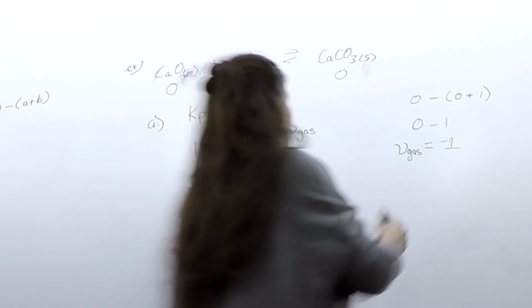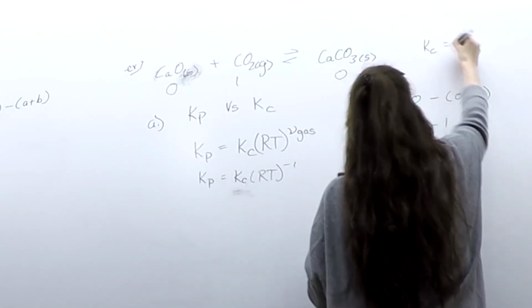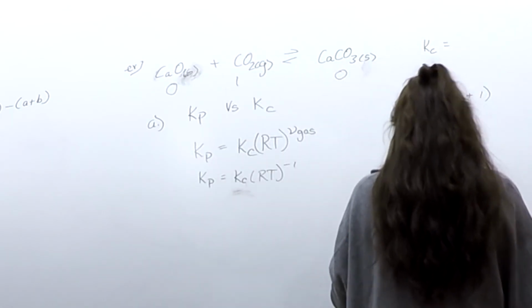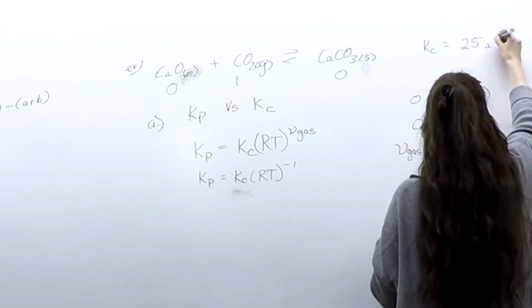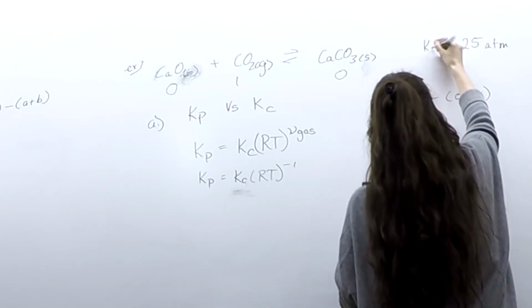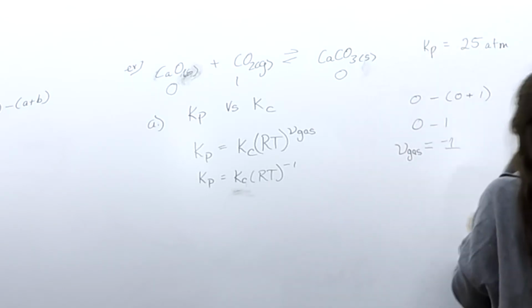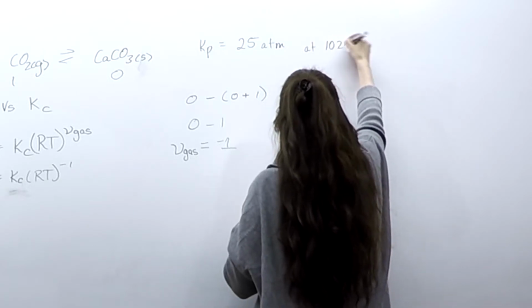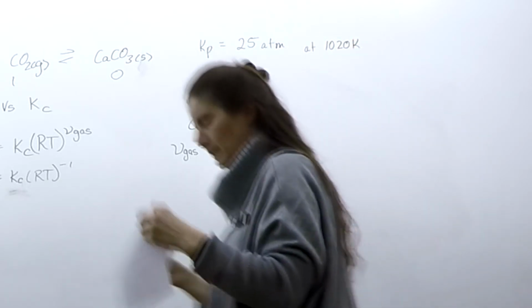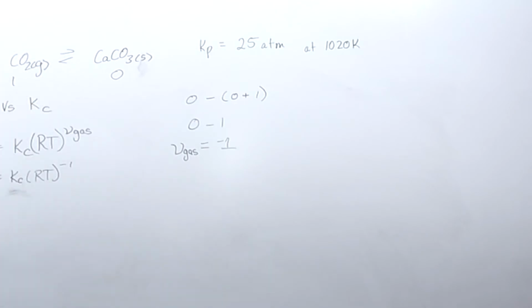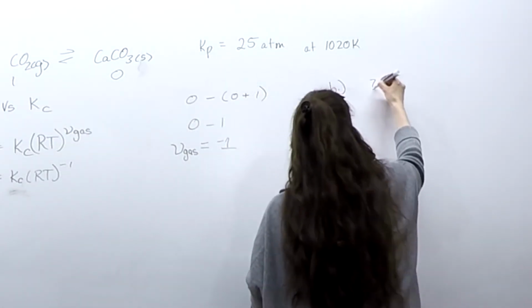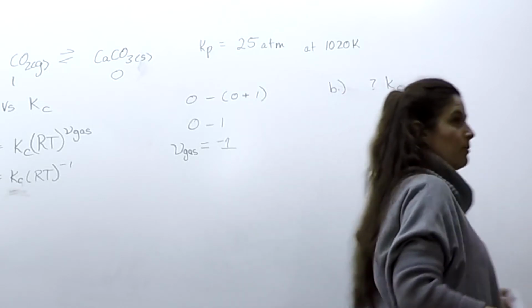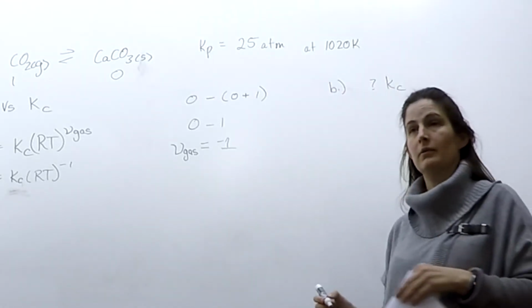All right? And if Kp for this reaction is 25 inverse ATMs at 1020, for part B, we can determine Kc from that, right?